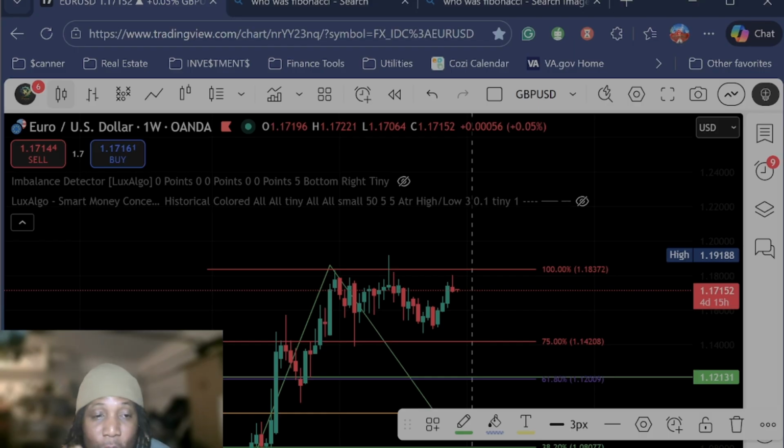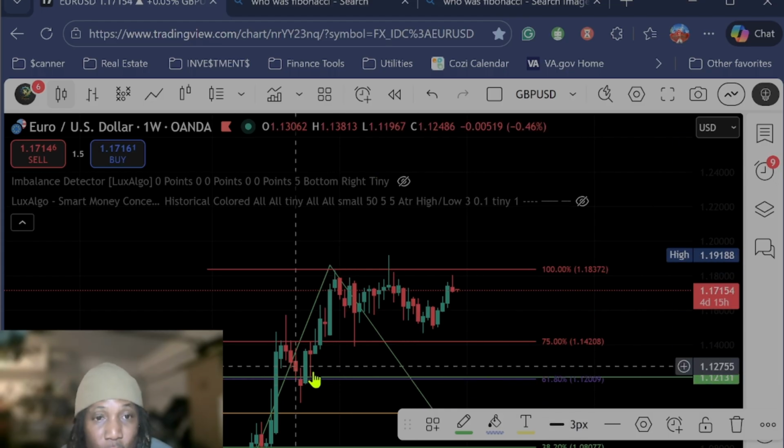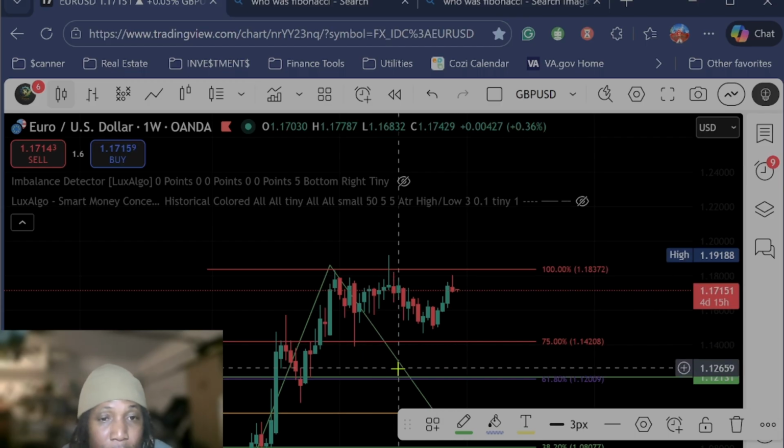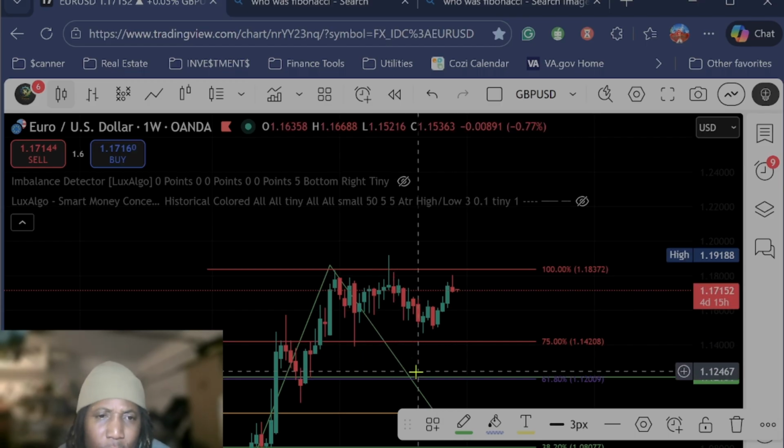I'm just showing you how to use the Fibonacci retracement. But you would normally pull this out on a lower time frame, like a daily or 4 hour. And you could go lower too.